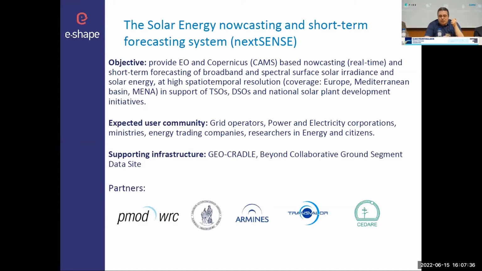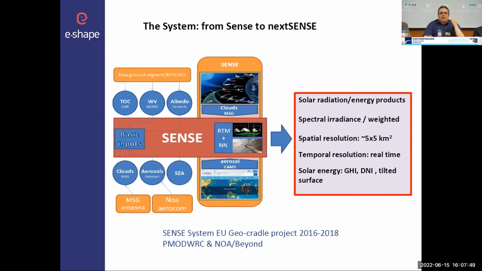We have used the GeoCradle infrastructure in support of this project, as well as the Beyond infrastructure. In the beginning of the eShape project, the system was simpler than it is now. It was the Sense system.